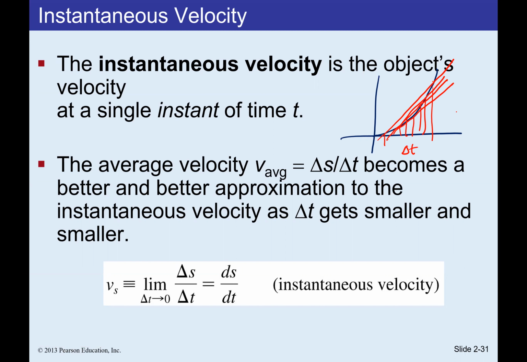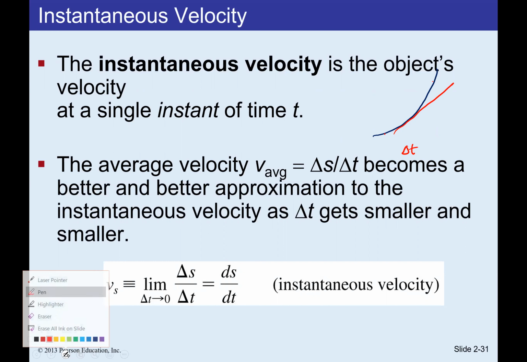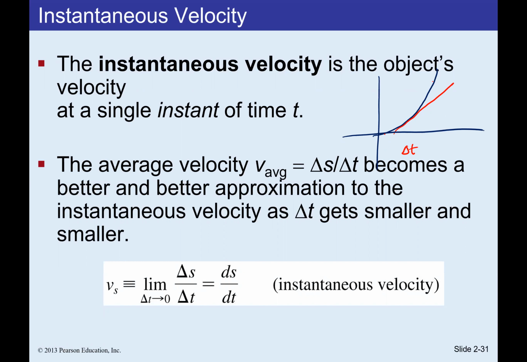Delta t approaches 0, not t. Delta t approaching 0 means that my time intervals are extremely small. Then the slope is represented in terms of the tangent line. And the slope of the tangent line will give me that instantaneous velocity.